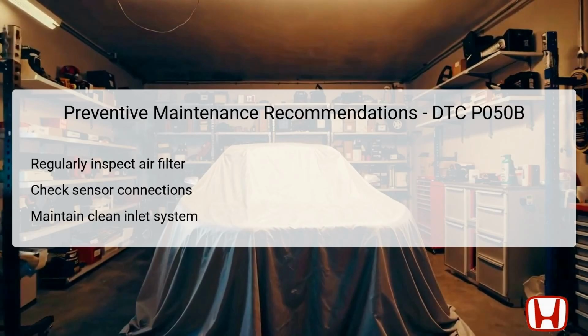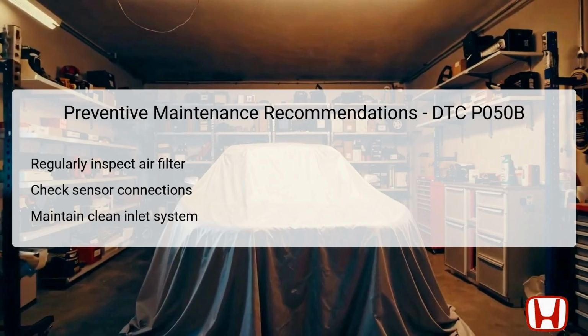To prevent future occurrences of DTC P050B and maintain optimal vehicle performance, it is essential to incorporate routine preventive maintenance strategies. Regularly inspecting and replacing the air filter is crucial, as a clean filter ensures that the engine receives unobstructed airflow.